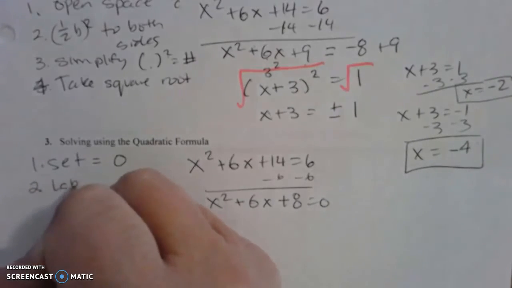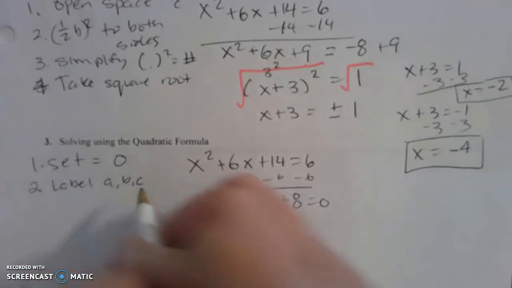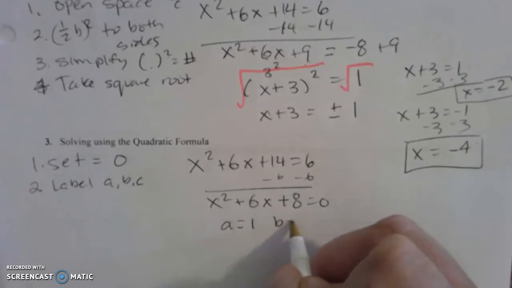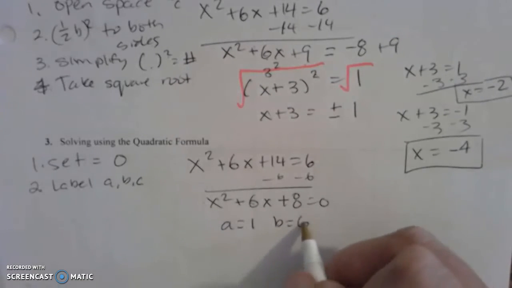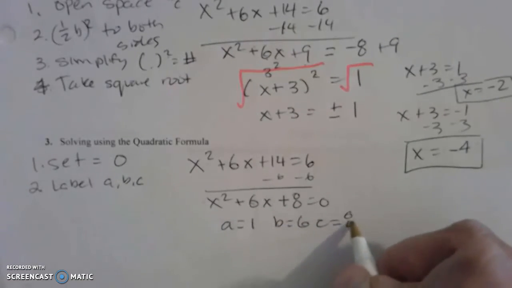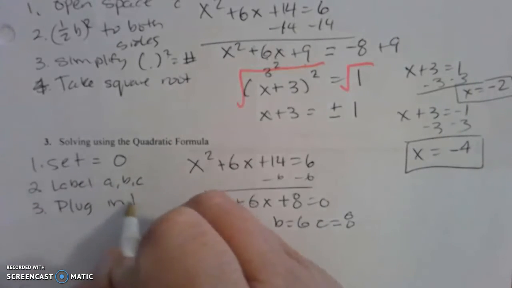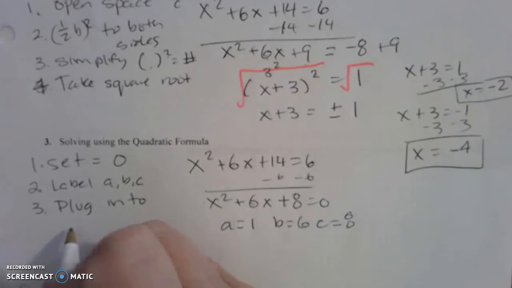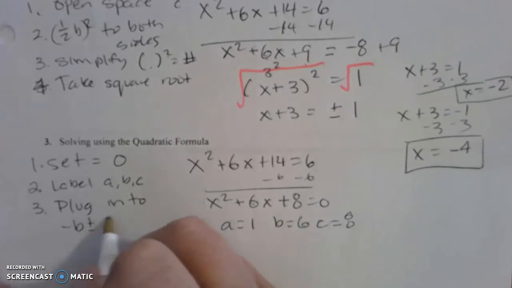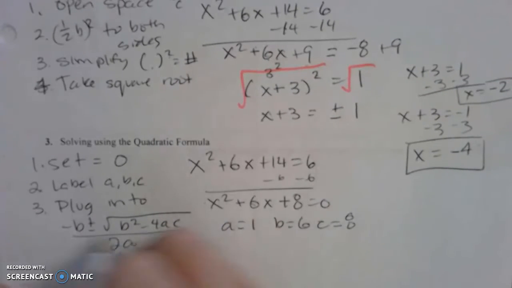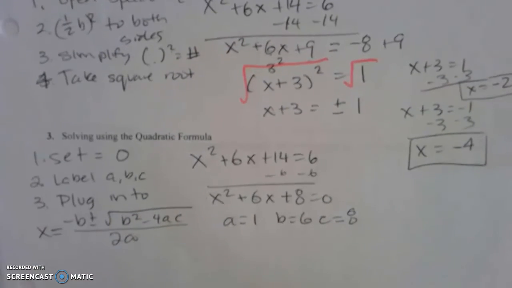Two, you're going to label A, B, and C. So A equals 1, B equals 6, and C equals 8. You're going to just plug into the quadratic formula, negative b plus or minus the square root of b squared minus 4ac all over 2 times a. That's going to give you your x value.